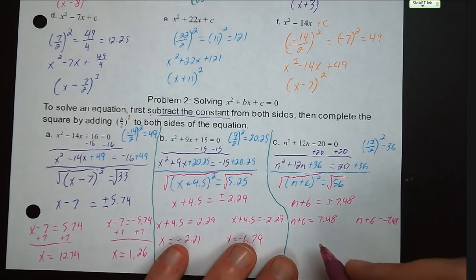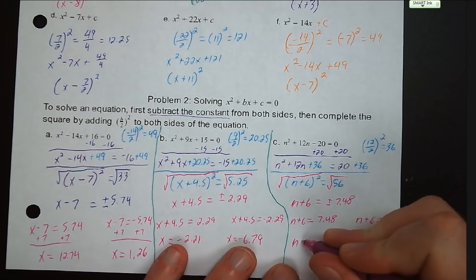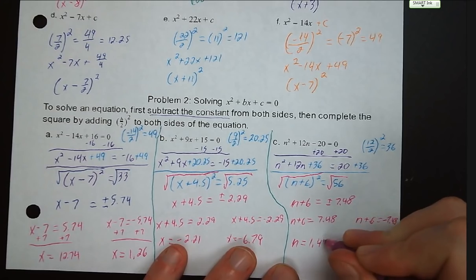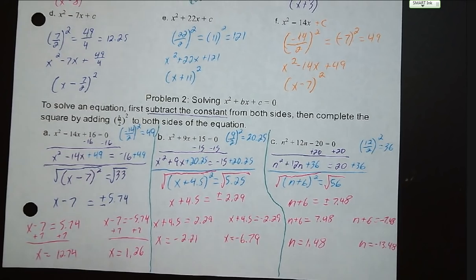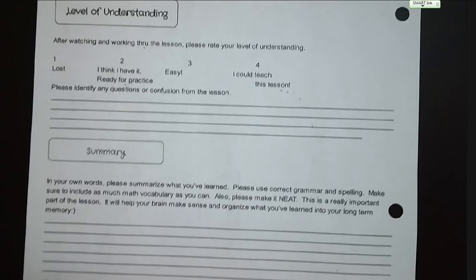Subtract 6 from both sides. N equals 1.48, and n equals negative 13.48. All right, believe it or not, that is the end of our notes for this lesson.